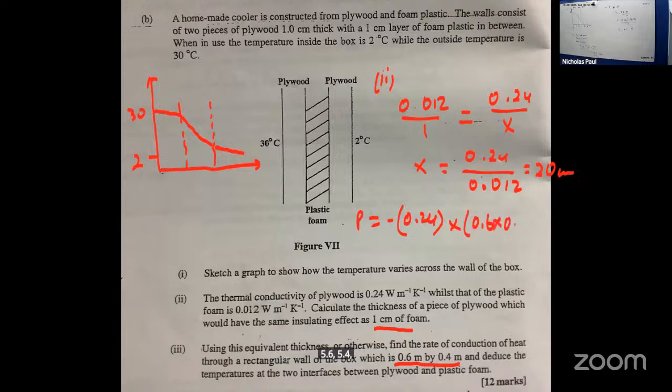Nice. Temperature change is 28, and the thickness is 0.22. So the power is 7.331. Right? So that's the way you handle questions like this.